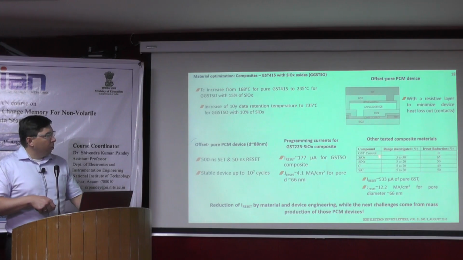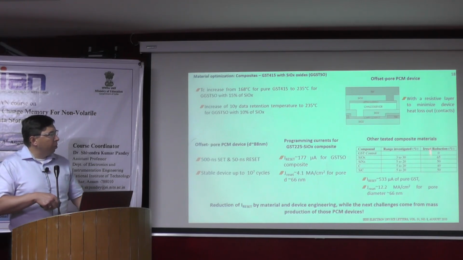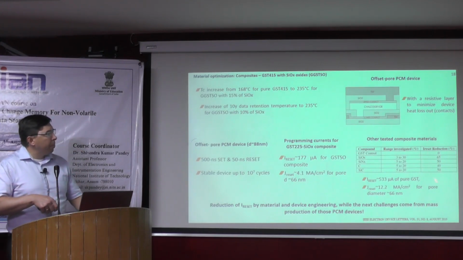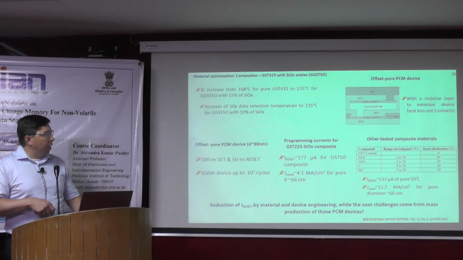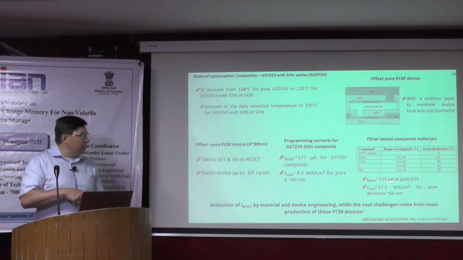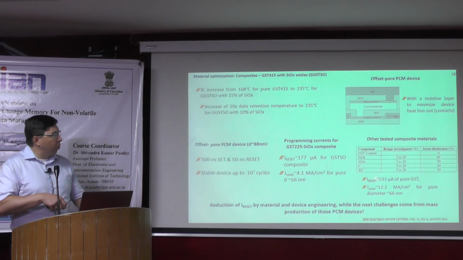Also other alloys, with other materials like carbon and silicon, help to improve the reset current, and they reduce the reset current. If you consider the reset current for pure GST, it's in this range, 435 microamp.